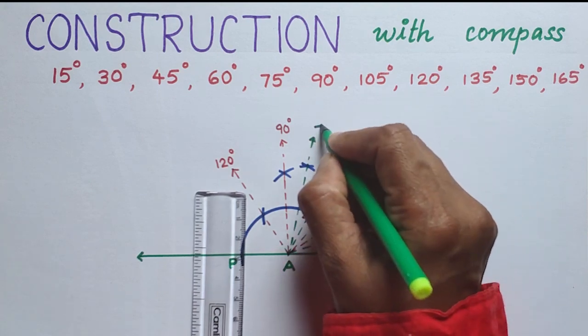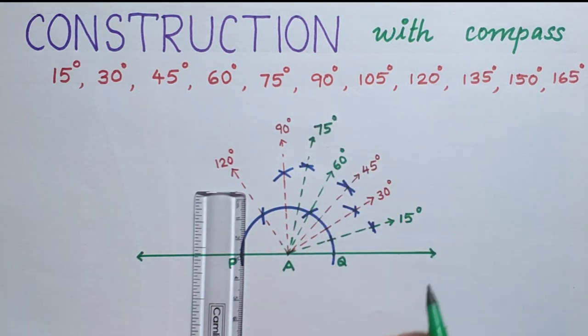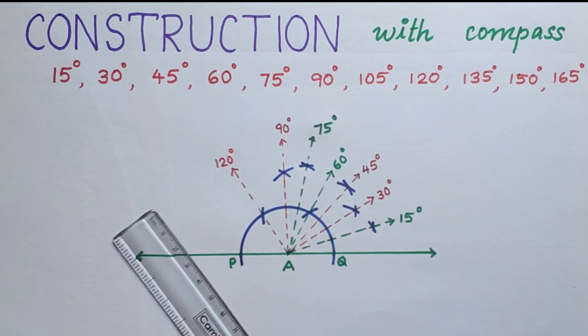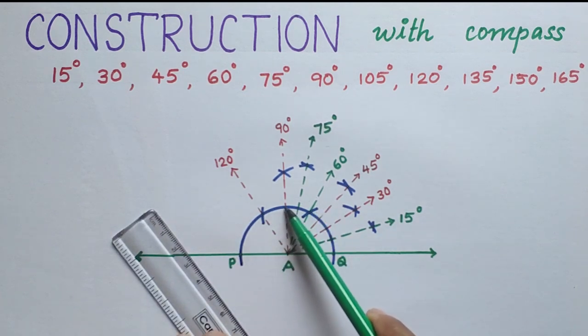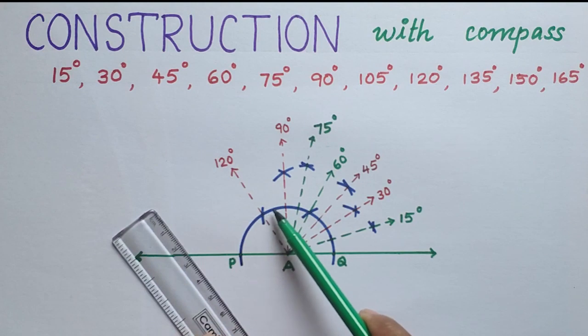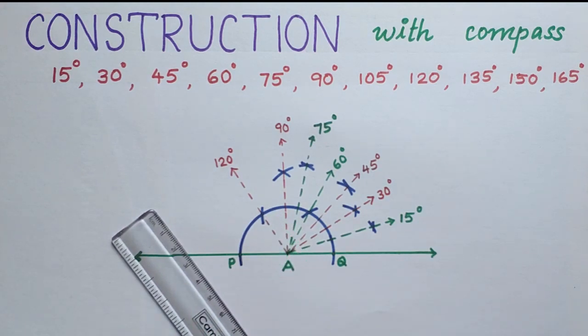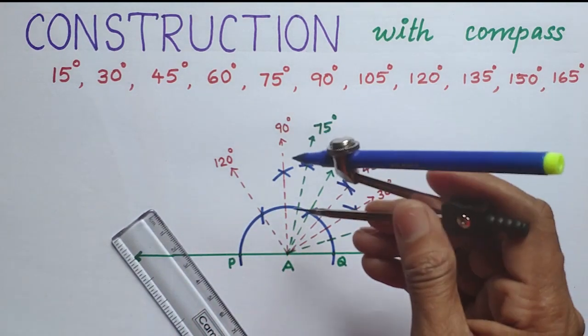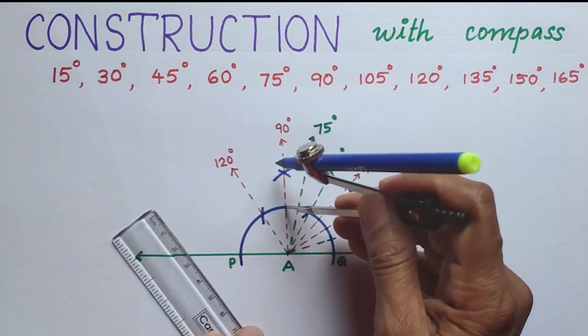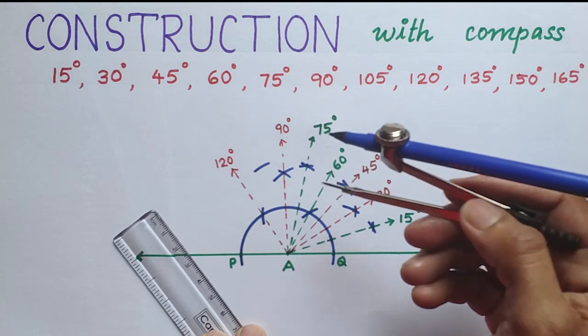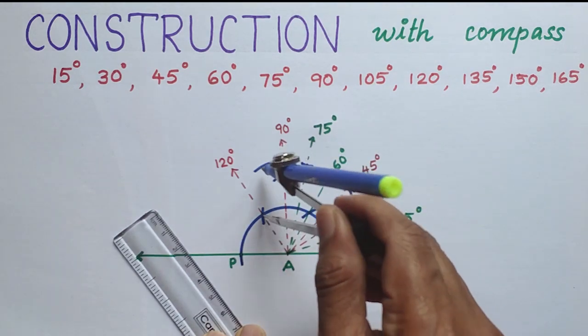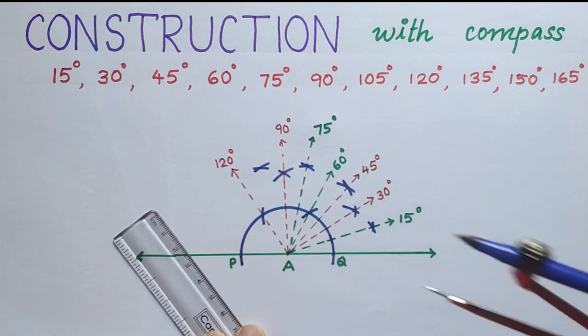This is 75 degree. Then if we bisect this small part, that means in between 90 and 120, we will get 105 degree. These all small angles are multiples of 15 degree. So you can easily construct it.